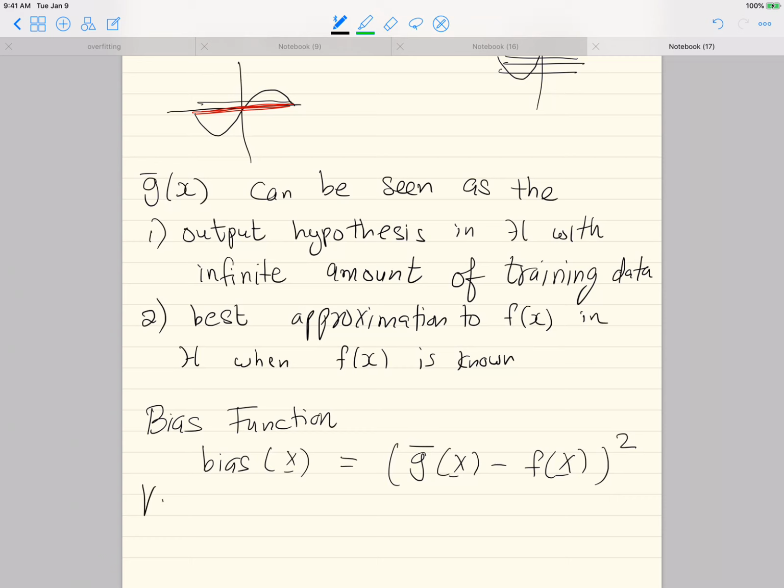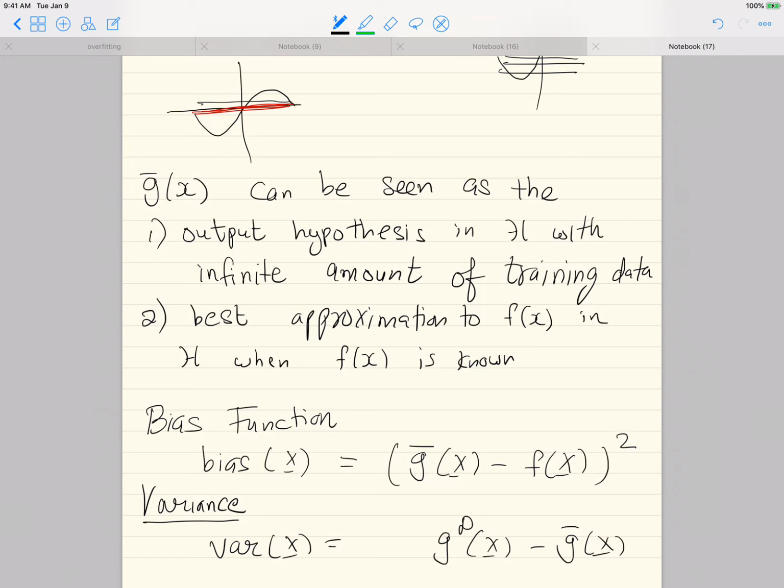The other is the variance. The variance tells us, so the variance VAR of x, you take g D of x minus g bar of x. So the expectation of g D with respect to D is g bar.